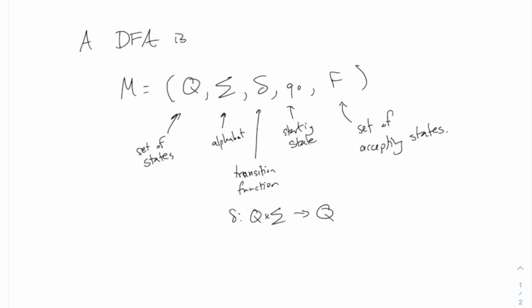So it, in practice, looks something like delta of S1 comma A, which means where do you go if you're in state 1 and you see A? You go to some other state, right? State 3 or something like that. This is typically what the transition function looks like when you write down one of its values.